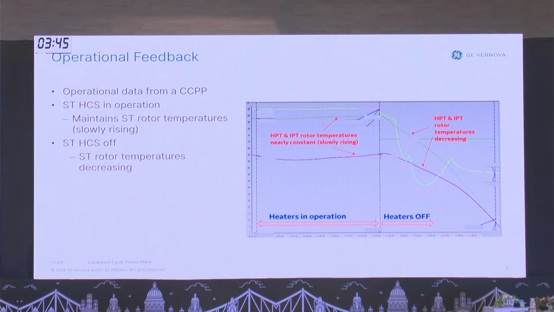Whereas where we have installed the steam heat conservation system, you can see the HP turbine and IP turbine rotor's temperature. We can keep it at almost a fixed, pre-designed level. And with that, we can make the turbine warm start ready, and we can get all the advantages.